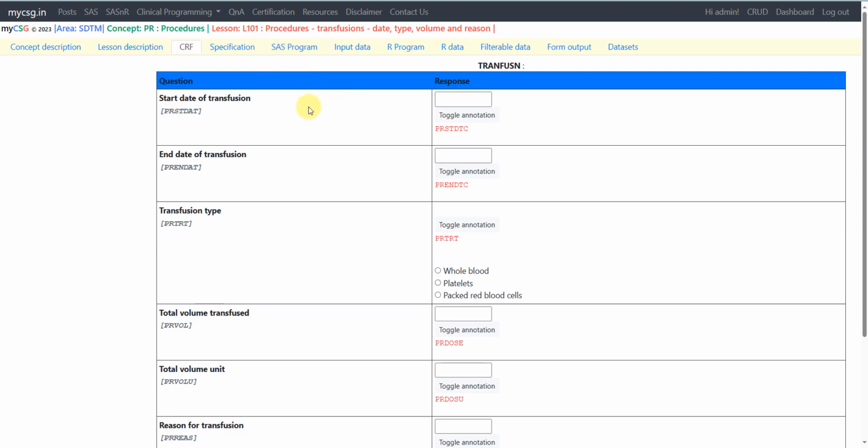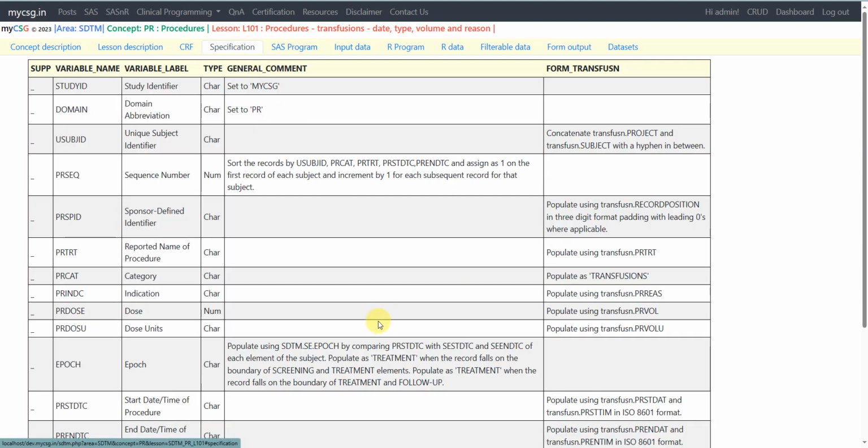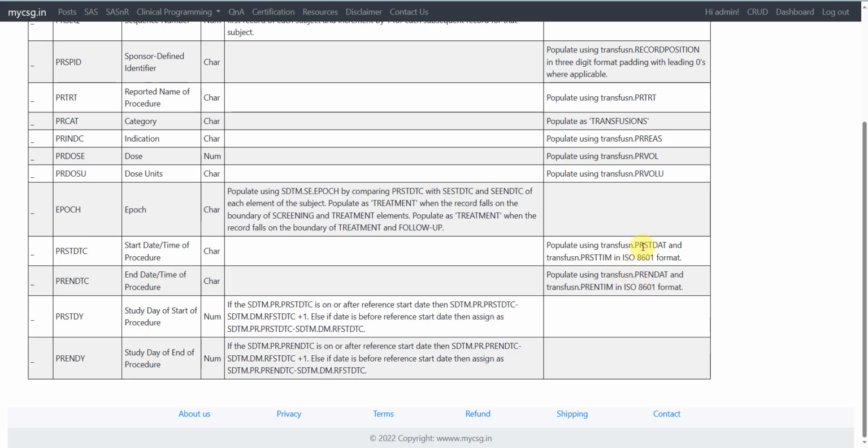So let me come back to the specification. So we would be using the information from PRSTDAT and PRSTTIM to populate our PRSTDTC variable, and similarly we would be using PRENDAT and PRENTIM to populate PRENDTC variable. And then we have study day variables: PRSTDY for start date of the procedure and PRENDY for end date of the procedure.